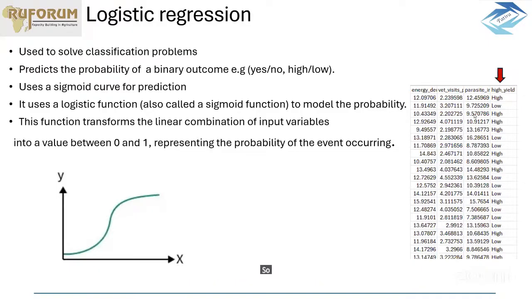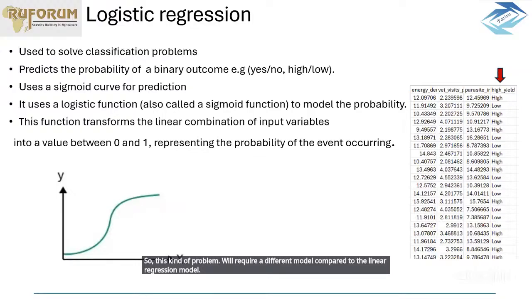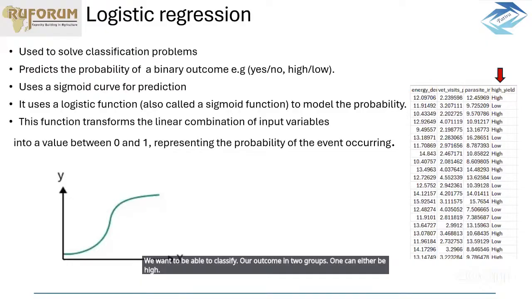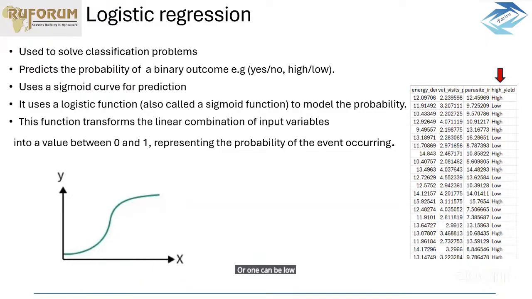So this kind of problem will require a different model compared to the linear regression model. So the type of problem that we have is known as a classification problem. We want to be able to classify our outcome into two groups. One can either be high or one can be low. This is for the yield that we have.